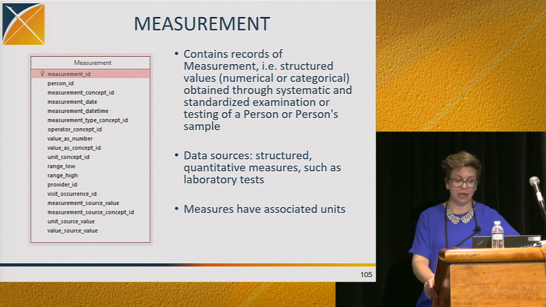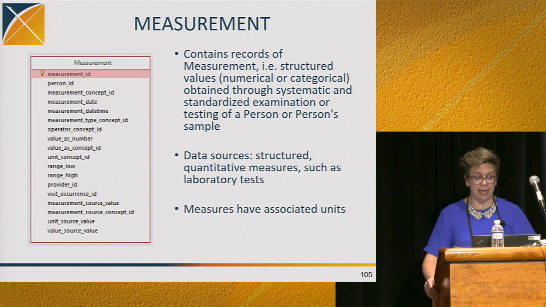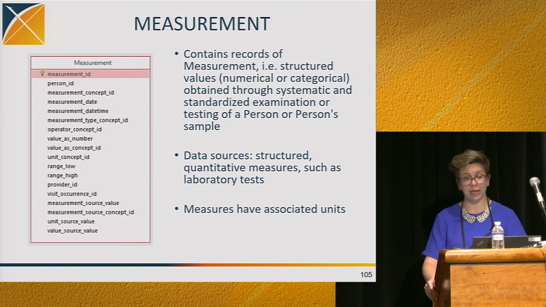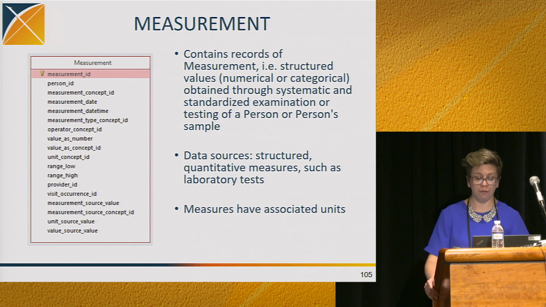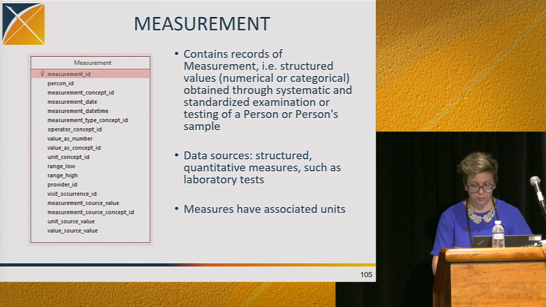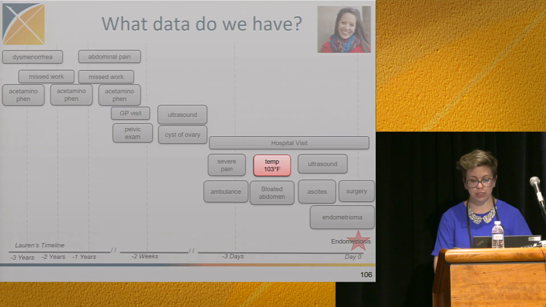So during the ETL build, you can try to clean that up. If your data tells you what the low and high range is for the instruments, that will come across as well. Who the provider was, and if it was associated with a visit. But again, this usually ends up being a little bit messy.